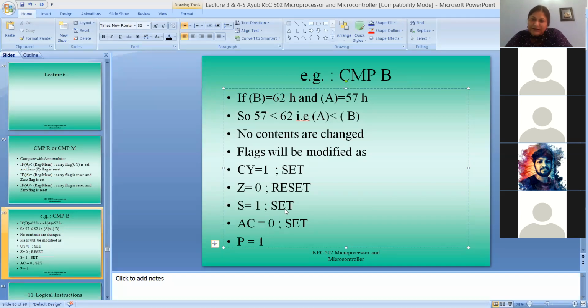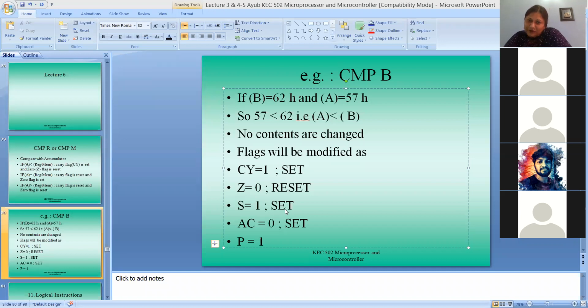So now what is the content of the accumulator over here? The result of 57 minus 62 is not reflected in the accumulator because it is a logical subtraction, not a permanent subtraction.